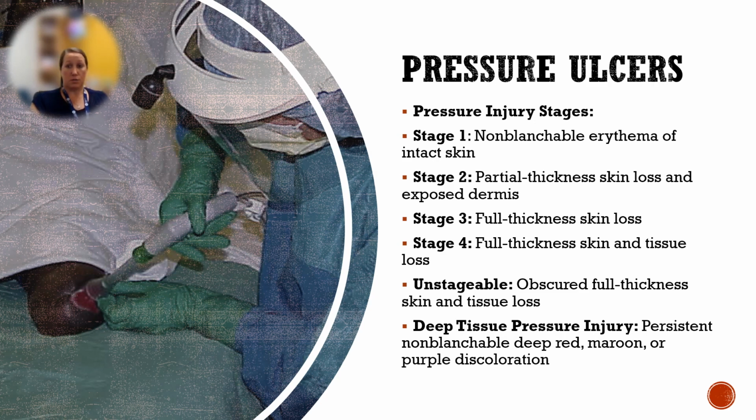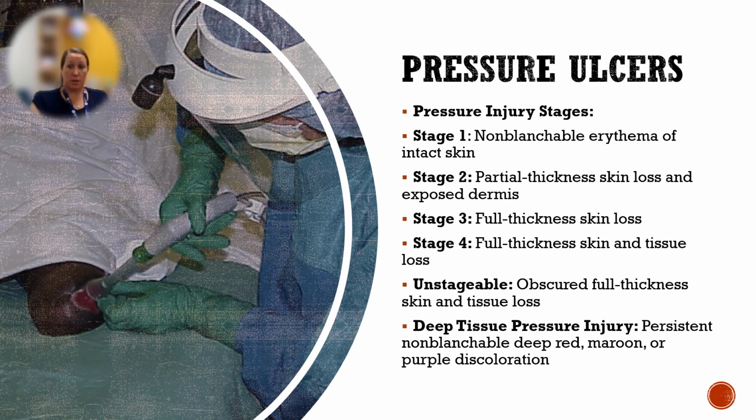A pressure ulcer, formerly called a bed sore or decubitus ulcer, is a lesion caused by unrelieved pressure resulting in damage to the underlying tissue. Pressure ulcers usually occur over the bony prominences such as heels, sacrum, ischial tuberosities, greater trochanters, elbows, and scapula, and are staged to classify the degree of tissue damage.